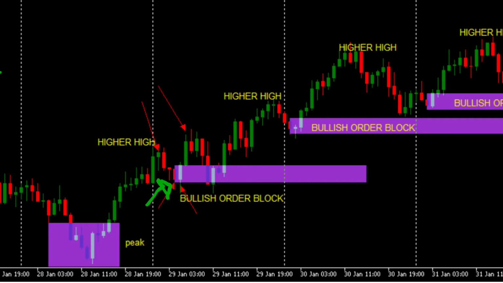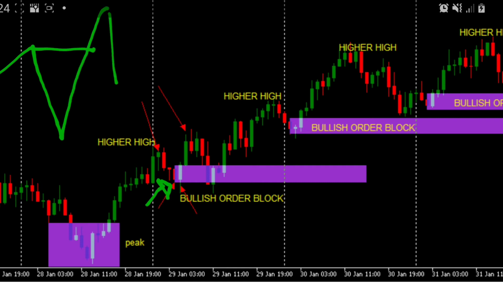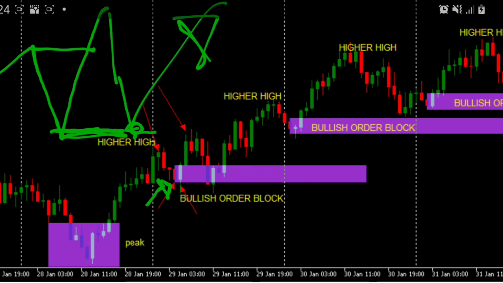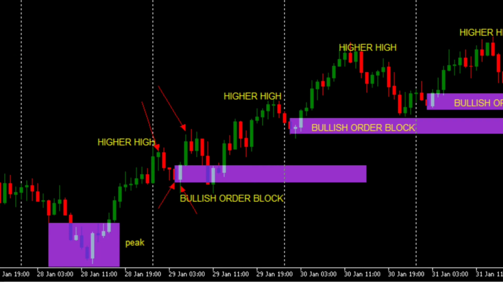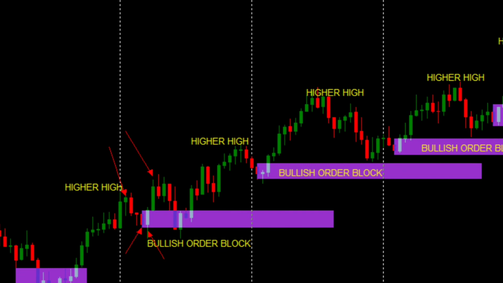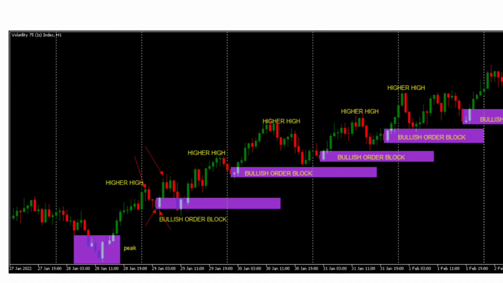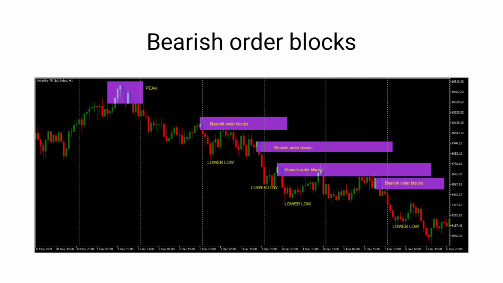Price came down, broke the structure, and this was our area of order block. Then it retested there and went up. So this becomes our order block, and on the retest, that's where you enter. Here, retest to the last order block where I marked with the purple color. So this is what a bullish order block will look like.